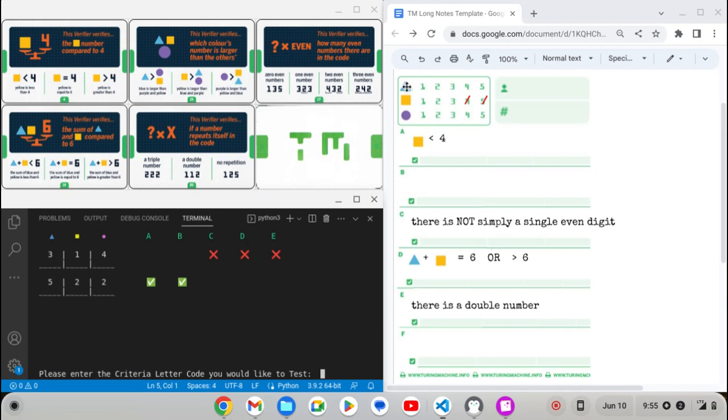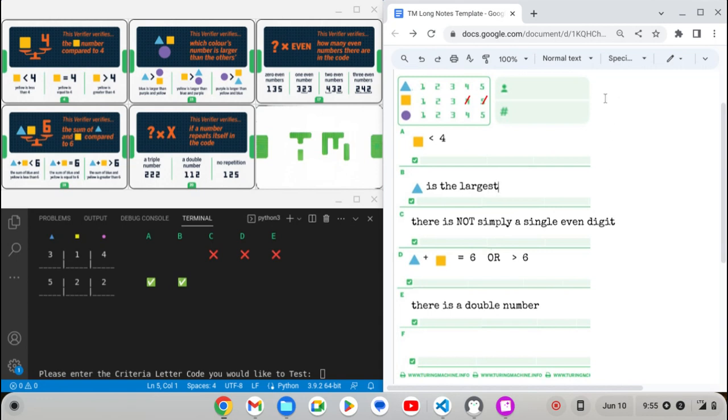It doesn't necessarily mean that it's a 5, as with most of these, the way the criteria cards work, it just confirms the rule, but not the particular number until you finalize it. So I'll say that triangle is the largest.